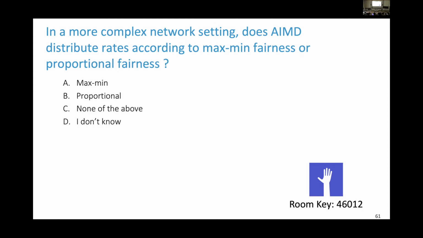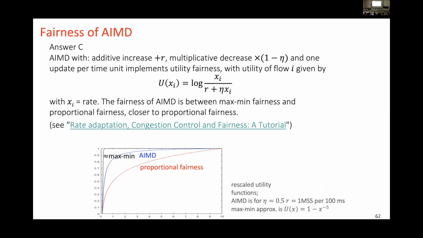You have 10 seconds. Well, A, B and C are all chosen. Somehow all of them are a correct answer.